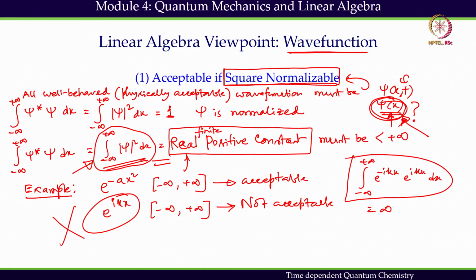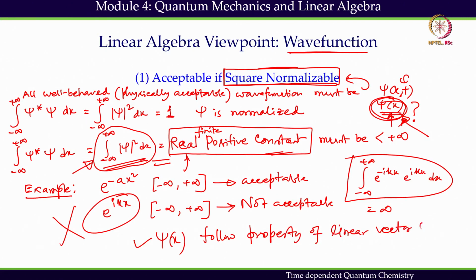If we take only wave functions which are square normalizable, then those acceptable wave functions will follow the property of a linear vector space, and that is why we can use linear algebra.